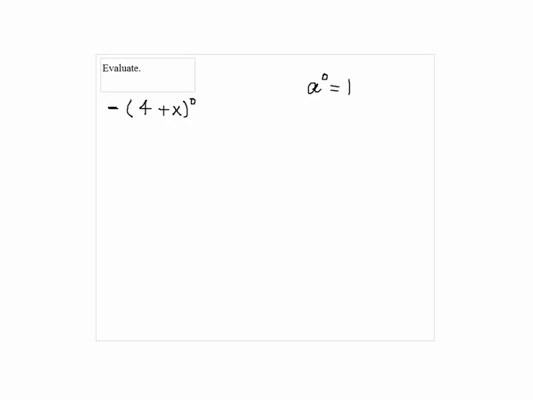Recall a to the power of 0 is equal to 1, as long as the exponent is 0, regardless of what we have for the base. So (4 plus x) to the power of 0 would be equal to 1. Negative times 1 would be equal to minus 1.